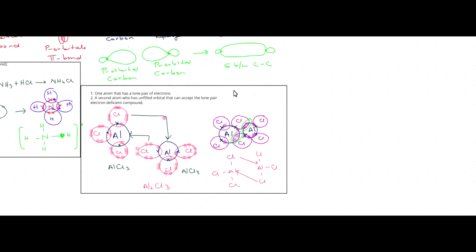Now you can understand why alkenes, for example, are so reactive, but alkanes are not. The reason for that is that a double bond is actually easier to break than a single bond. Why is that? Because your pi bond is easier to break. A sigma bond is not easy to break at all. A sigma bond is extremely strong. A pi bond, on the other hand, is relatively easier to break.